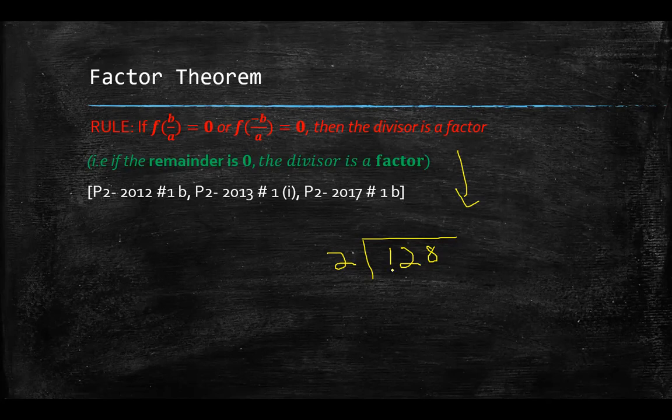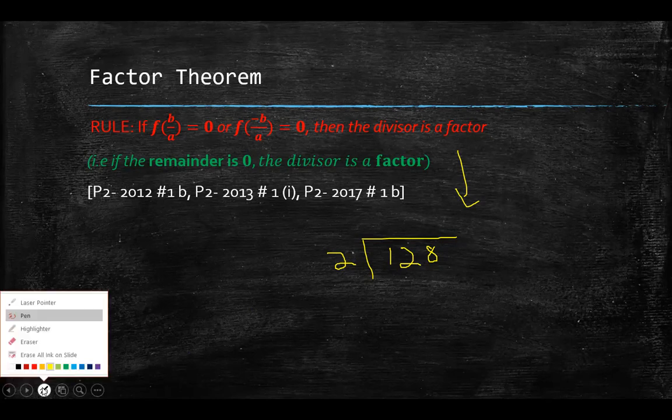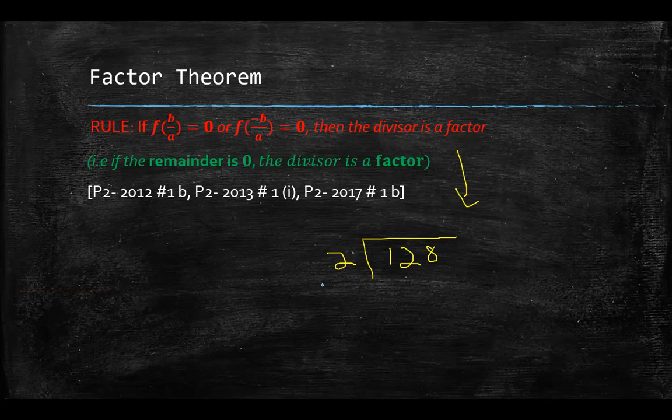In other words, 2 divides 128 and gives a remainder of 0. That's why we say 2 is a factor of 128. So let's just do the long division to show you that, right? 2 into 1 is 0, so you wouldn't put that. Then you would say 2 into 12 is 6. 6 times 2 is 12, minus 12, so that's 0. Bring on the 8.